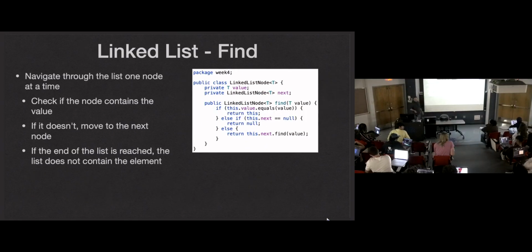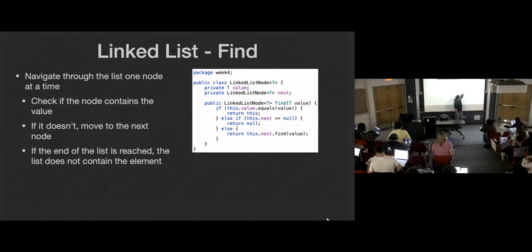So let's do find. So we can get to the juicy bits of the min method. So find, we have 2 checks to do, and the order is going to be critically important here. We want to find a value in a linked list. So we're going to check. The first thing we want to check is, is the value of this node equal to the value I'm looking for?